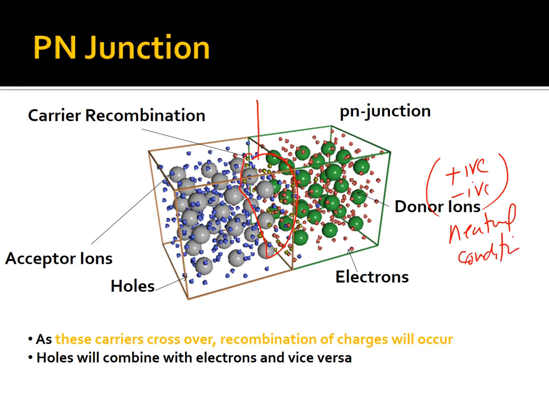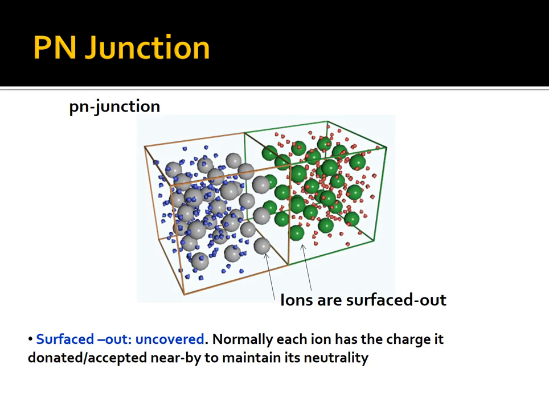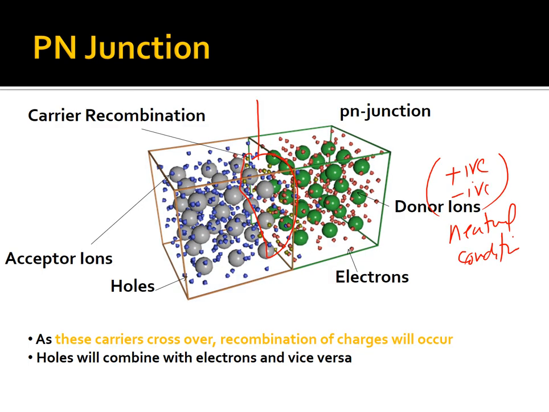So here the recombination of charges will occur, and with the recombination, those charges will be neutralized. The holes which were drifting towards the n-type and the electrons which were drifting towards the p-type are now neutralized due to the recombination of the charges.